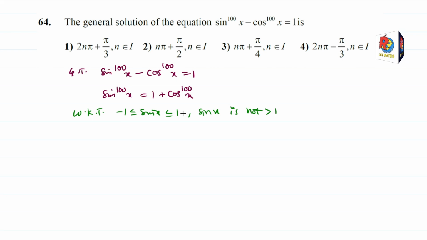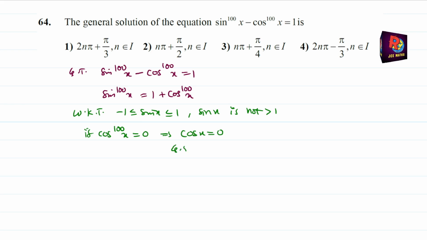So that means sin x is not greater than 1, it is possible when cos power 100x equals 0, then the sin value possibility is there. So cos power 100x equals 0 means cos x value equals 0. If cos x value equals 0, then what is the general solution?